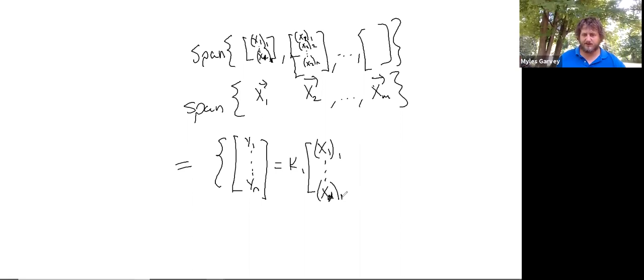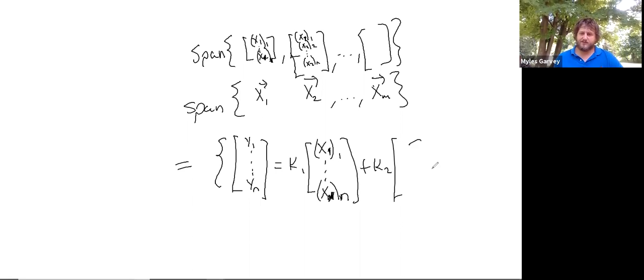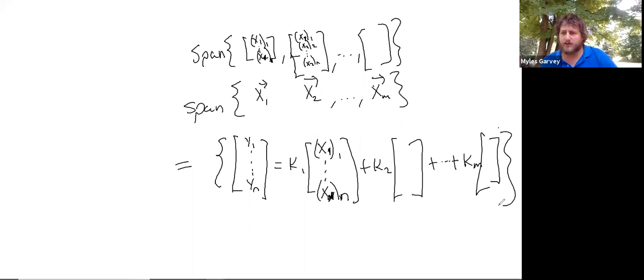Outside represents dimension, inside represents the vector quantity. k2, same thing. km, same thing. So in other words, if you give me vectors, I can generate a vector space by just finding different multiples and additions of the multiples of those vectors.